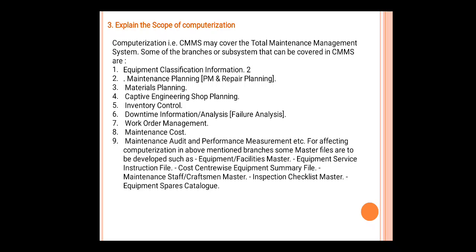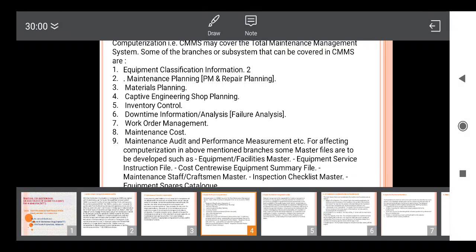For effecting computerization in the above mentioned branches, some master files are to be developed, such as equipment facilities master, equipment services instruction file, cost center wise equipment summary files, maintenance staff and craftsman masters, inspection checklist master, and equipment spares catalogs.